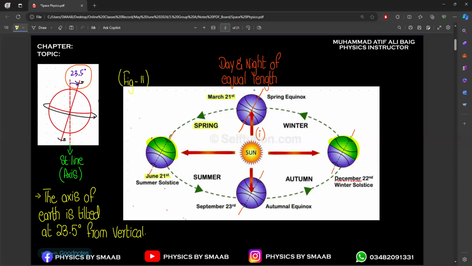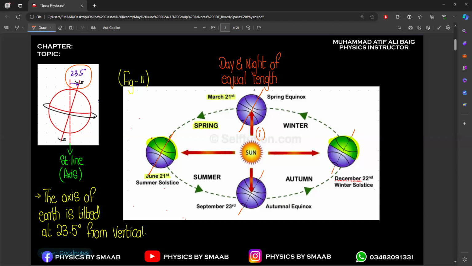So normally in June, there is summer season. So now what happens? Again, we use the tilted axis over here. So there is one more change in this position.